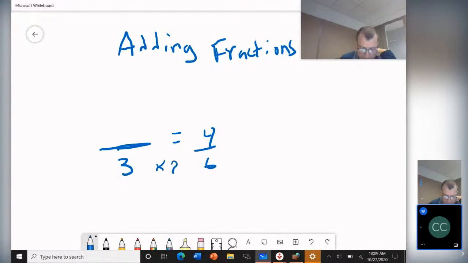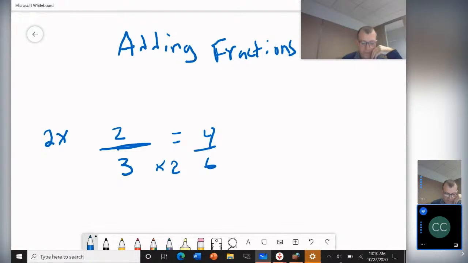That's going to be 2. So over here, 2 times the blank equals 4. 2 times 2 equals 4. So 2/3 is equal to 4/6.